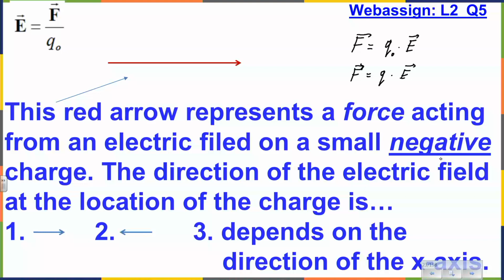So the rule is simple. If electric field is acting on a positive charge, electric field and force point in the same direction. If electric field is acting on a negative charge, electric field and force are opposite. That's pure mathematics. Technically, this is equal to some negative number times a question mark.